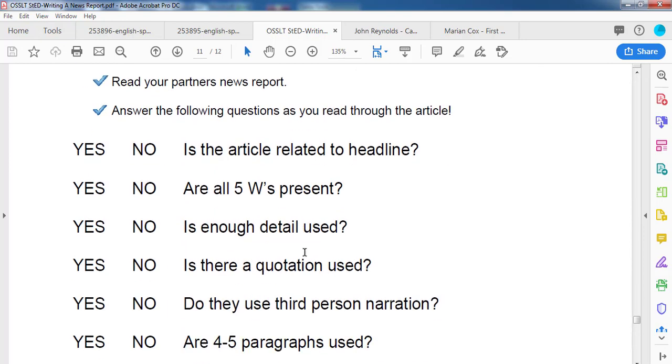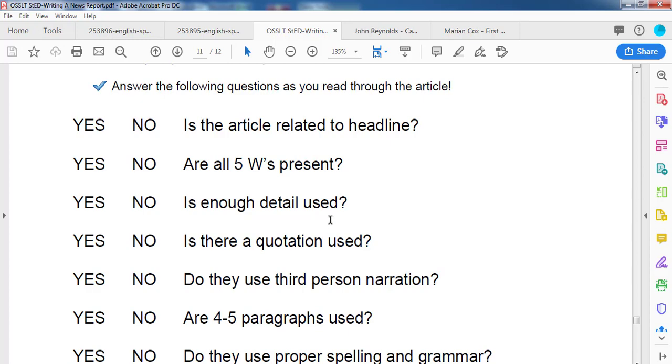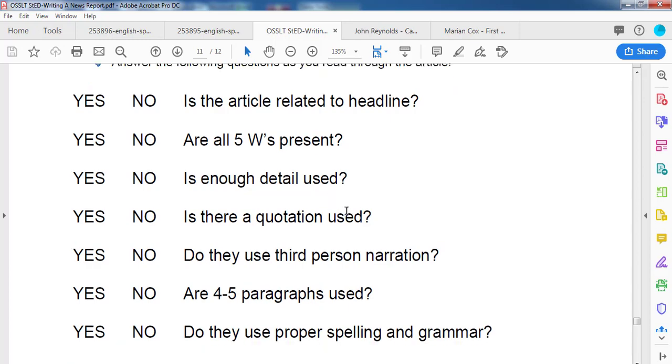Now you have more sophisticated checklists, okay? You as a teacher will try to make your rubric or your checklist by asking specific questions. Is the newspaper report related to the headline?